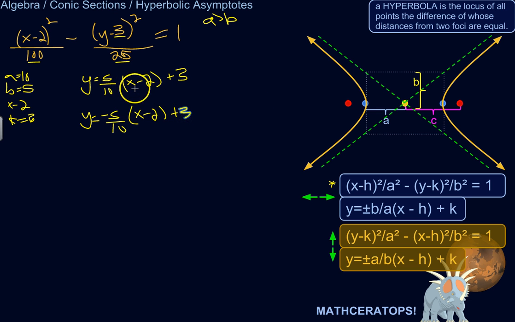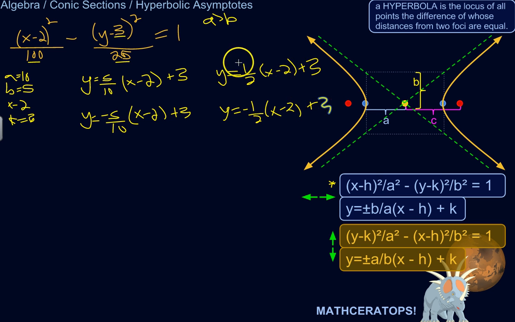And maybe to graph these, we want to simplify. So 5 tenths is 1 half. So y equals 1 half (x minus 2) plus 3, and y equals negative 1/2 (x minus 2) plus 3. And maybe because you like things in slope-intercept form, you want to distribute that 1/2.